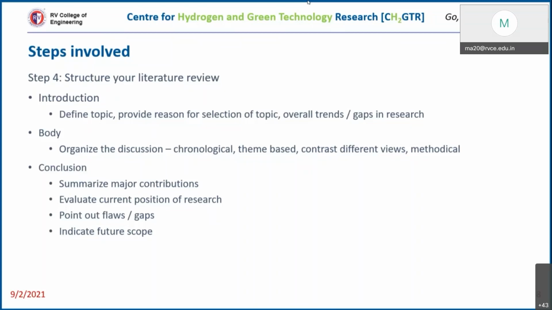There are many predatory journals, as I mentioned, where people just take money and publish whatever you provide. There's a certain methodology that needs to be followed before publishing your work on a platform.